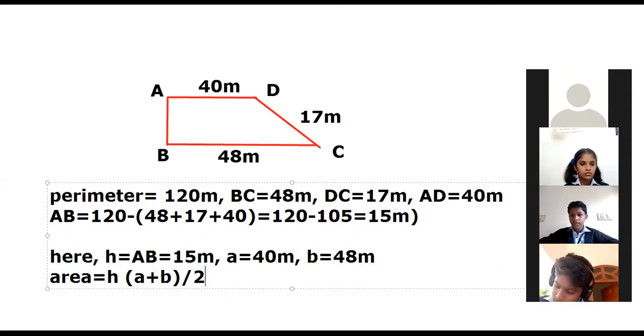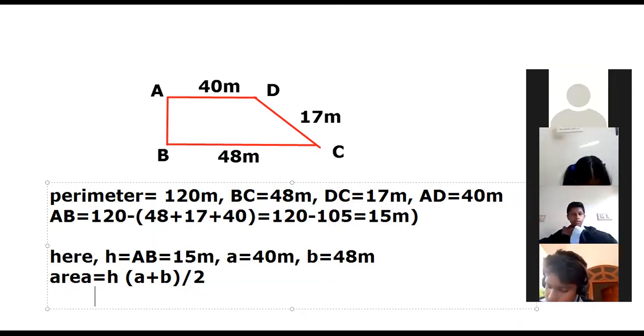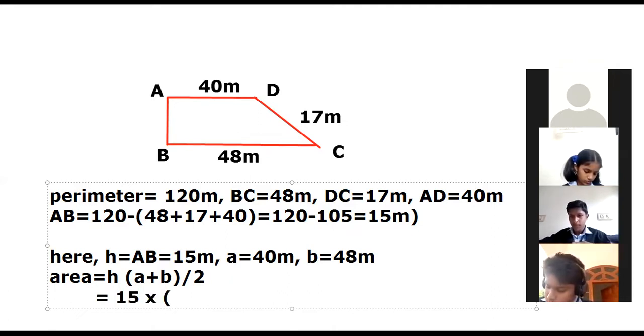In the next line, do the substitution. What is H here? 15. 15 into, in the bracket, A is 40 plus, what is B? 48, bracket close, divided by 2.